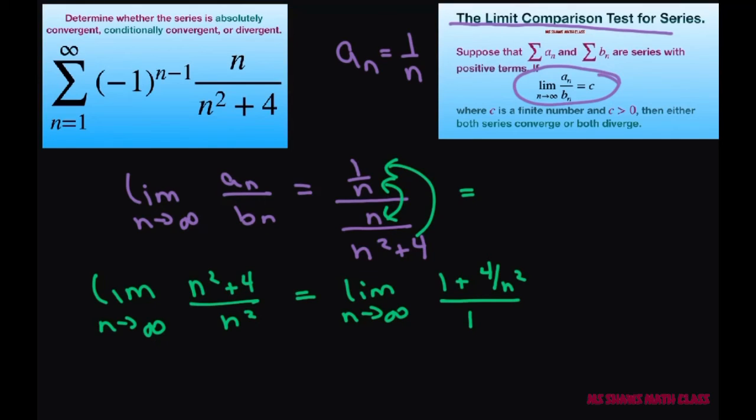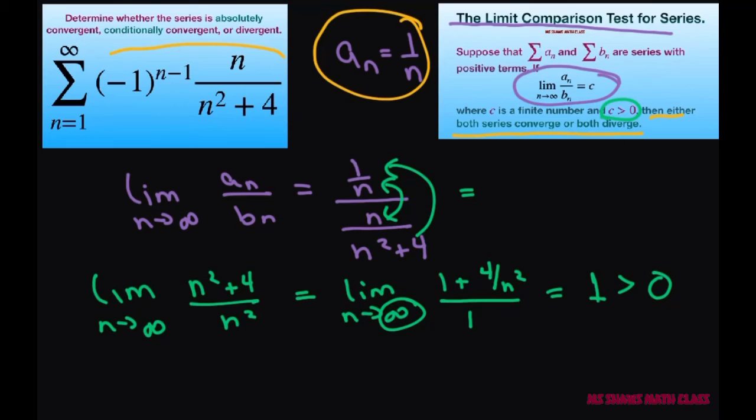When you apply the limit and put in infinity, you get 1, which is greater than 0. So if it's greater than 0, then either both series converge or both diverge. But the harmonic series is divergent, so with comparison, this is also divergent.